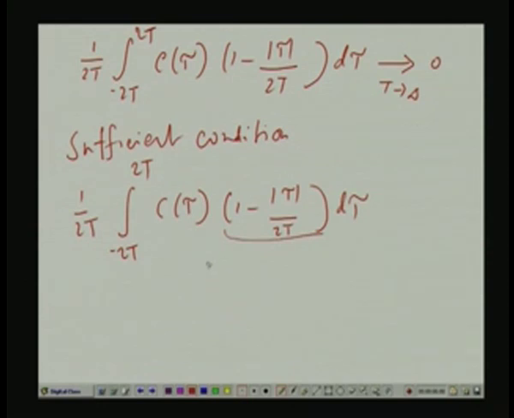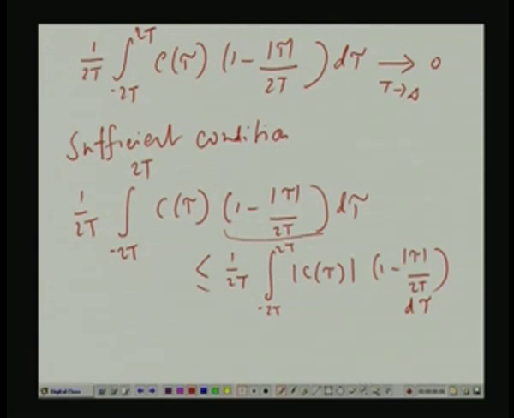So, that means this integral becomes less than this. And now, as I told you, this factor 1 minus mod tau by 2 T is less than 1. So, if I remove this, the integral becomes still higher, because earlier I was multiplying mod C tau by some number which is less than 1.